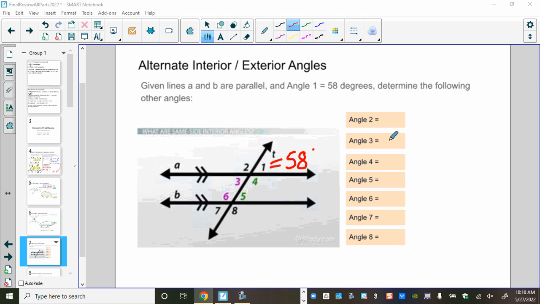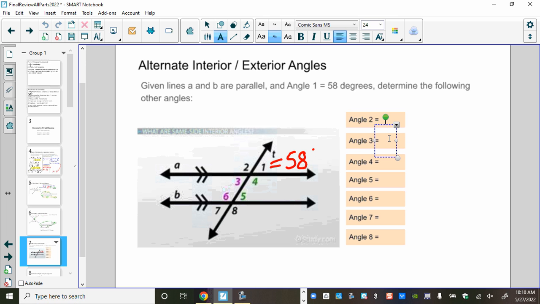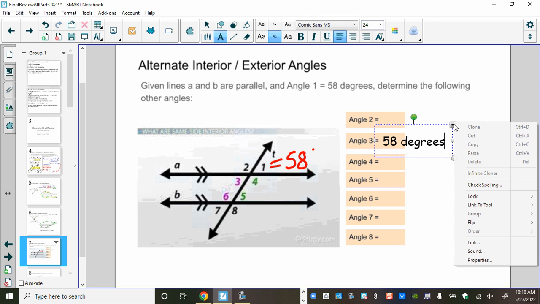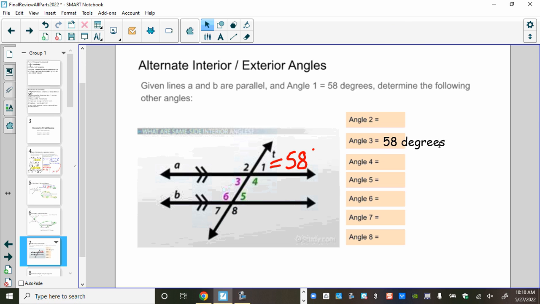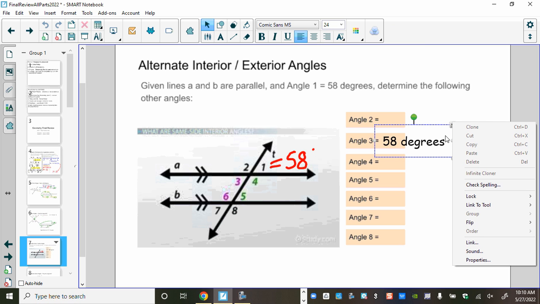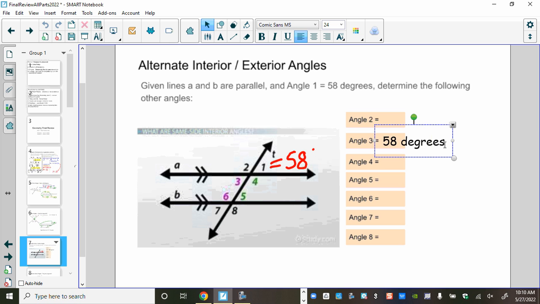And then we also do 180 minus 58 to get the other ones. That's right. So 58 degrees is going to be for 3, 5, and 7.